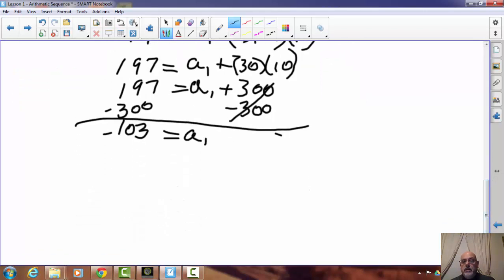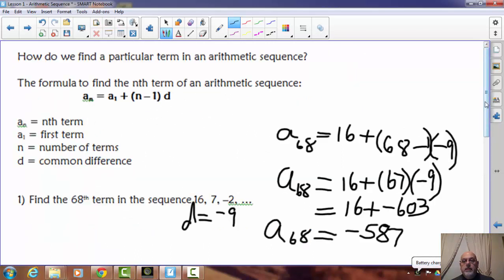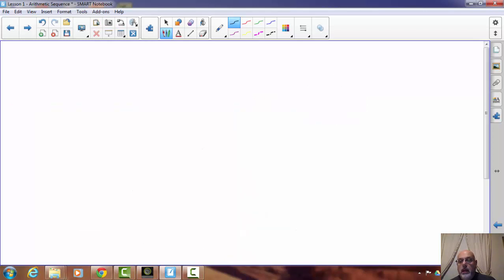Okay, so sometimes, oh, I think I missed something here. Did I forget to copy something onto this page? I think I may have. If you look at the bottom of your sheet, it says sometimes we may know two terms, maybe a first term and the last term, and we need to find the terms in between them.